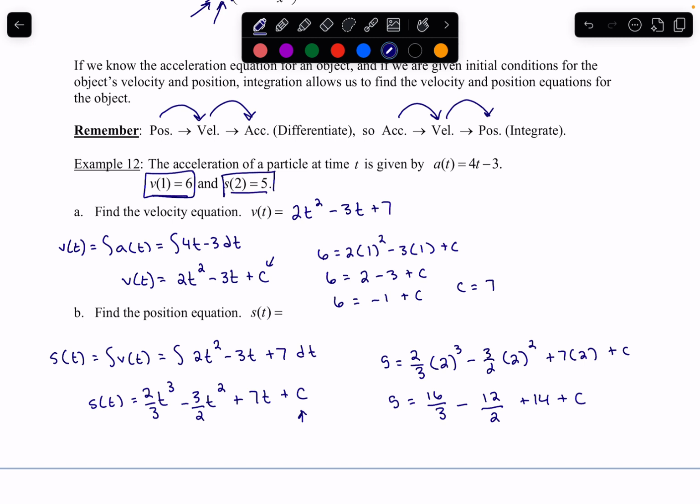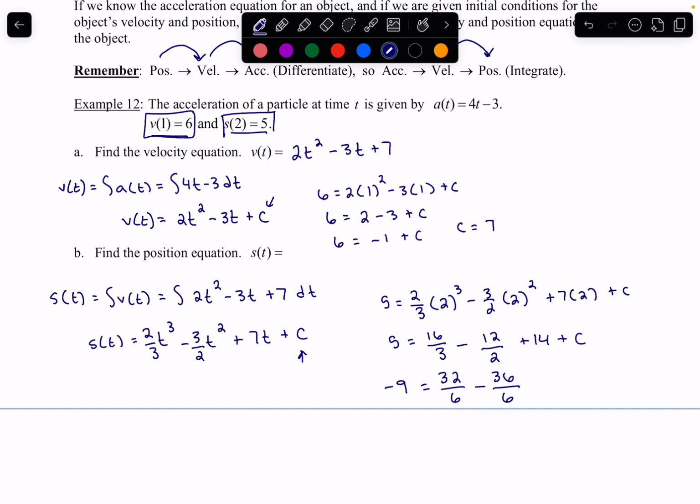If I subtract 14 over on the left, I get negative 9 equals, I need to get a common denominator. So 16 thirds, we've got to times by 2, so this is 32 sixths. And 12 halves, we're going to times by 3 and get 36 sixths. So 32 over 6 minus 36 over 6, I get negative 9 equals negative 4 over 6 plus c.